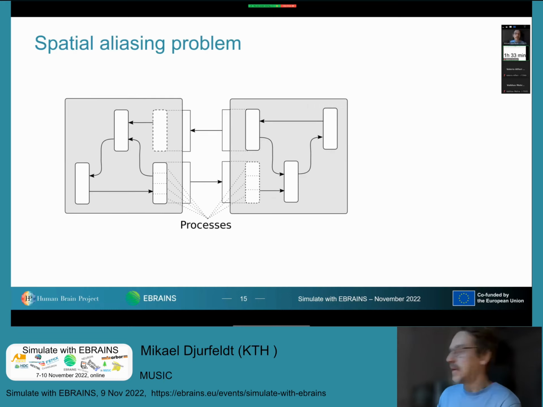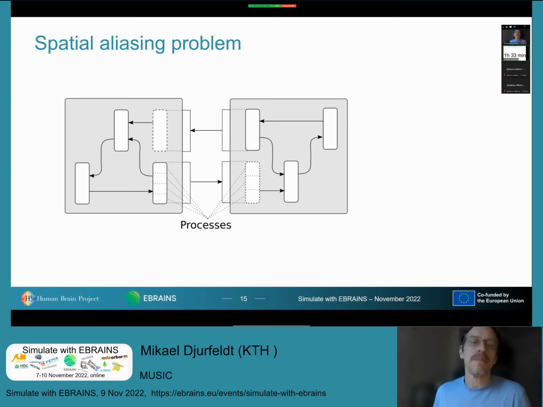Okay, so typically, if you have parallel simulators, neuronal populations will be distributed over many processes. And of course, different simulators sometimes use different schemes for distributing neurons over processes.